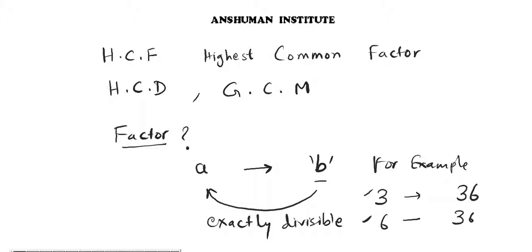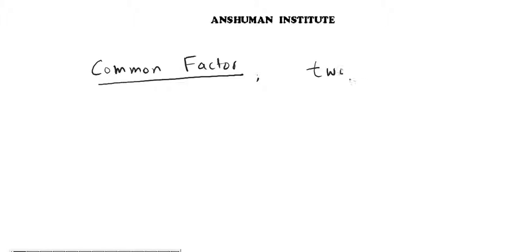Alright, let's go to another important topic, which is common factor. When we explore common factor, we have to keep in mind that we are dealing with at least two numbers.